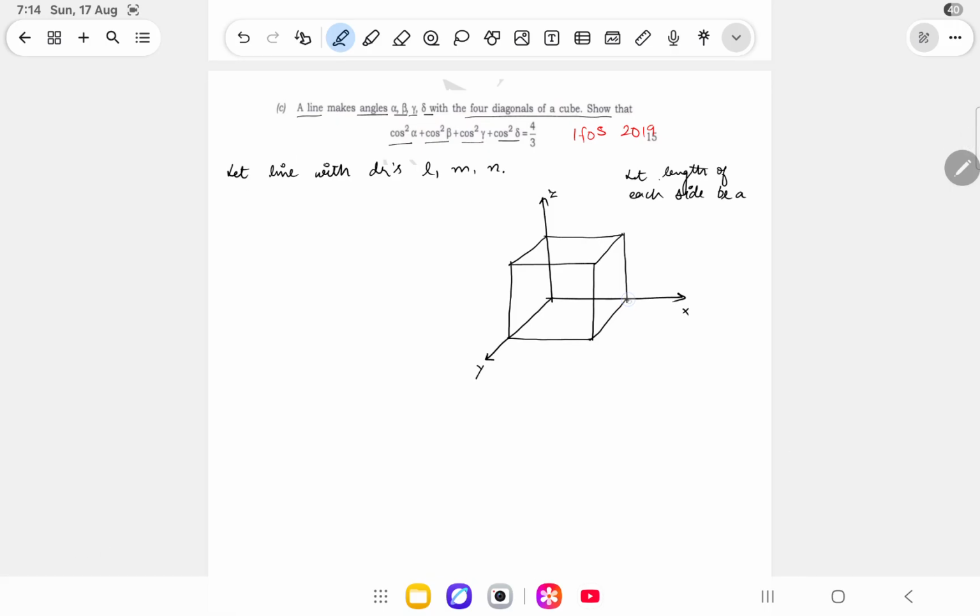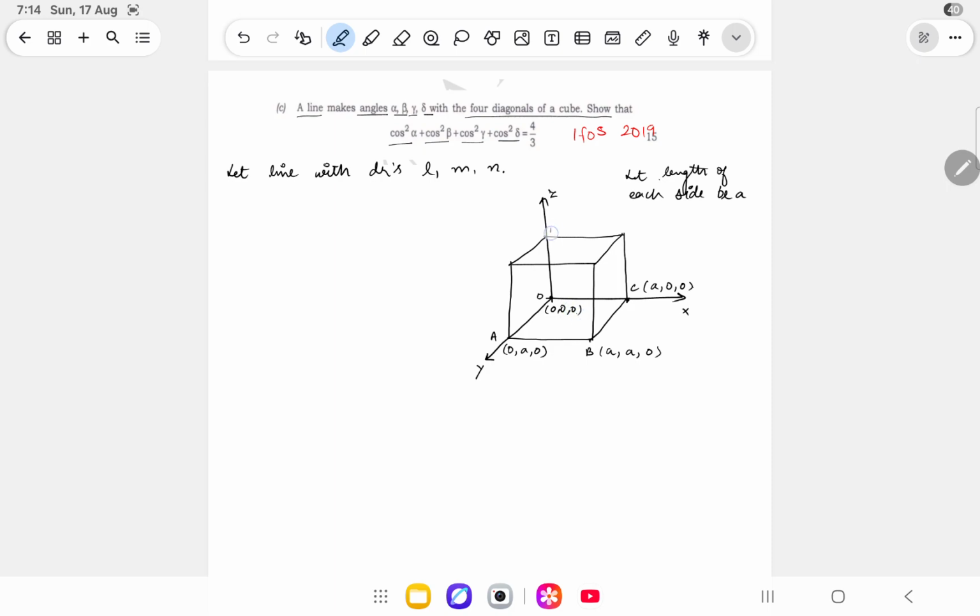So if the length of each side is A, then I can easily get the vertices of this cube. Let me name this as A, this will be 0, A, 0. This is B, this will be A, A, 0. Here C, A, 0, 0. This I am naming as O, 0, 0, 0.